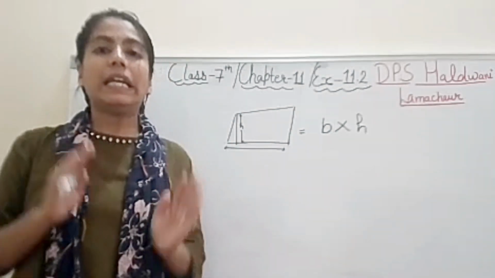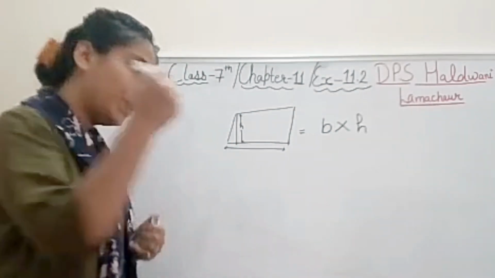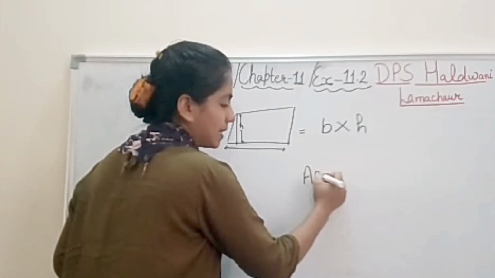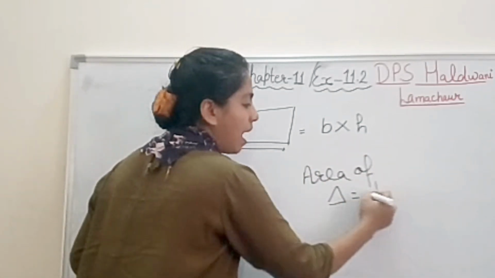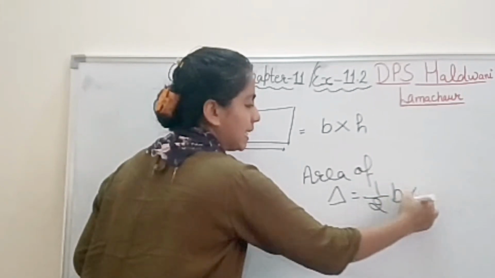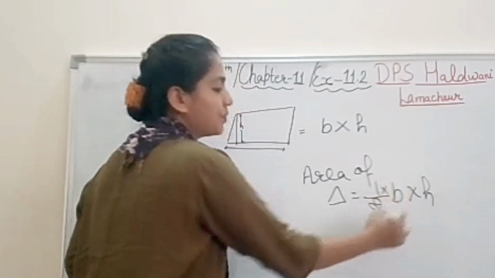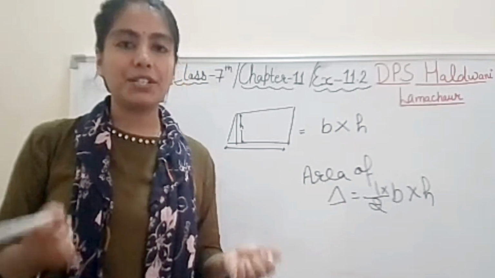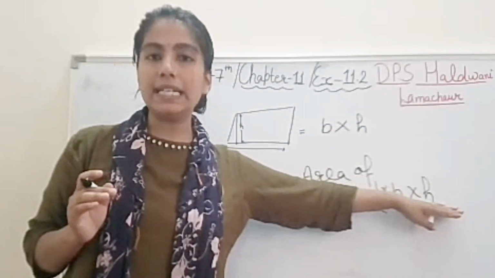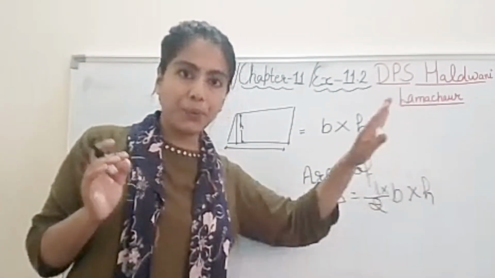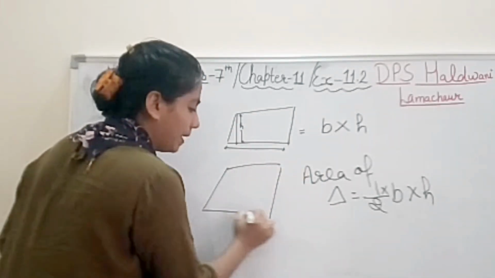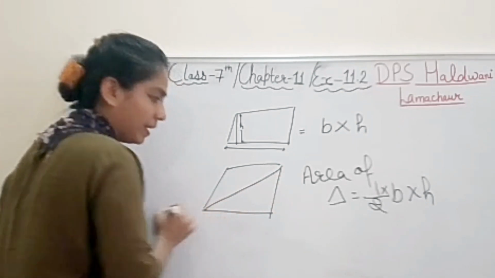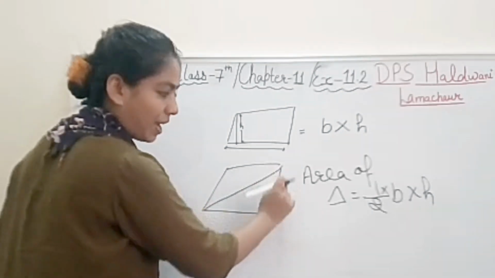Now second, the area of a triangle. The area of a triangle is half base into height, right? And how is it half base into height? See, base into height is the area of a parallelogram. So when we make a parallelogram and draw a diagonal, see, we have made a diagonal, this is a triangle.